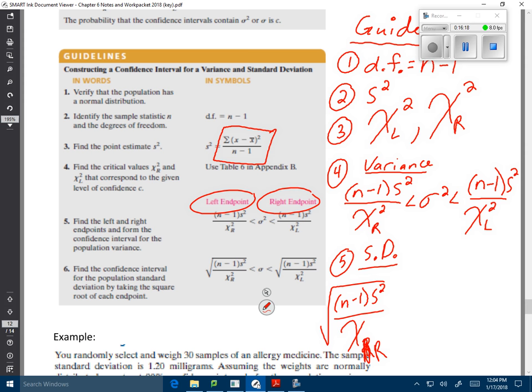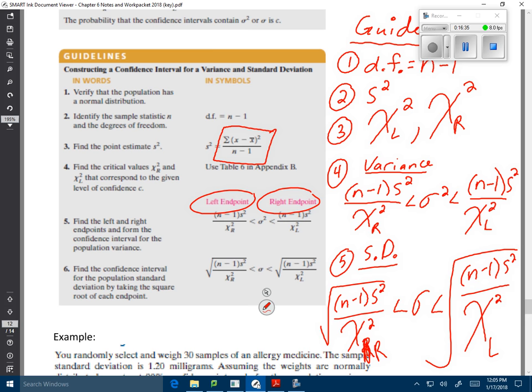You can just put square root if you want. So square root the whole thing.